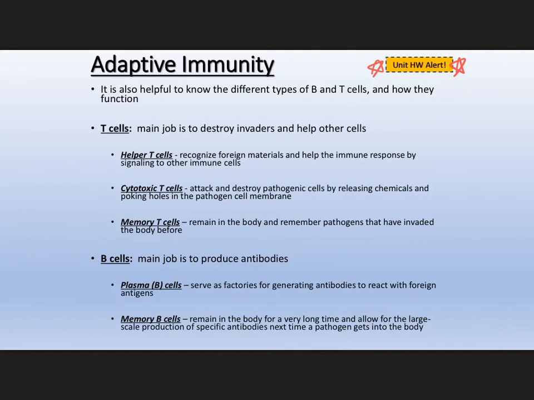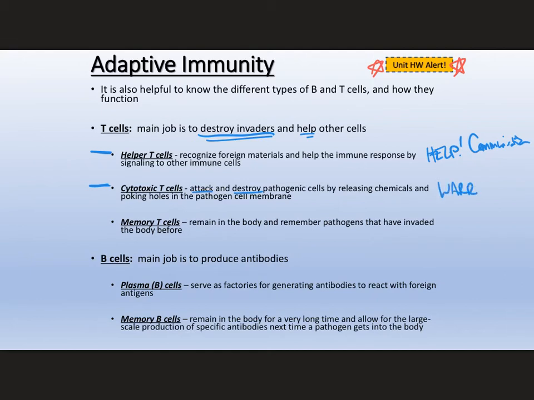When we talk about T cells, their main job is to destroy invaders and to help others. So you have really 3 kinds. You have helper T cells, which do exactly what they sound like: they help others. They are big communication cells in your immune response. We'll come back in a moment and put all this together. Cytotoxic T cells, cytotoxic meaning dangerous to cells, attack and destroy.